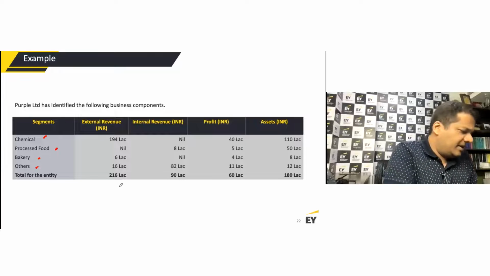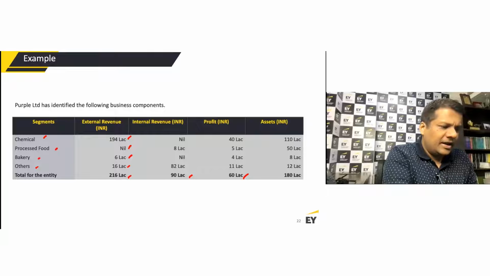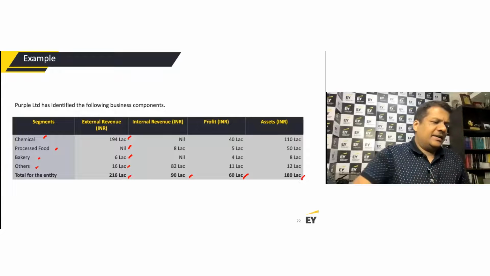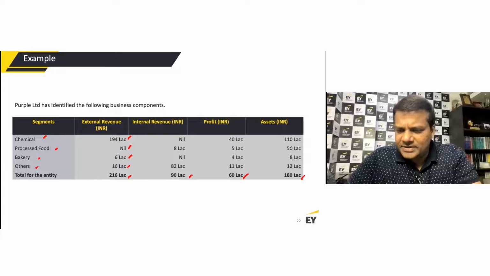The external revenue total is 194, with 0 for processed food, bakery 6 lakh, other 16 lakh, total 216 lakh. 90 lakh is my internal revenue, 60 lakh is my profit, and my assets are 180 lakhs. All the information is given here.